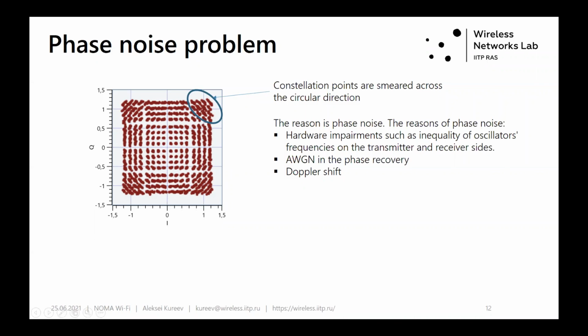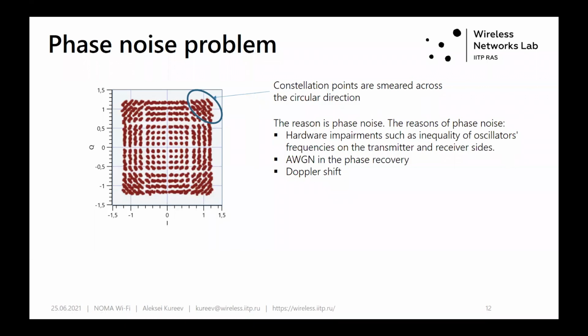The reason for the phase noise is as follows. Hardware impairments can cause phase noise, for example, the inequality of oscillator frequencies on the transmitter and receiver sides. Also, AWGN during the phase recovery stage, because for each symbol in Wi-Fi, for example, we do some phase correction, and it can be not so accurate, so there might be problems here too.